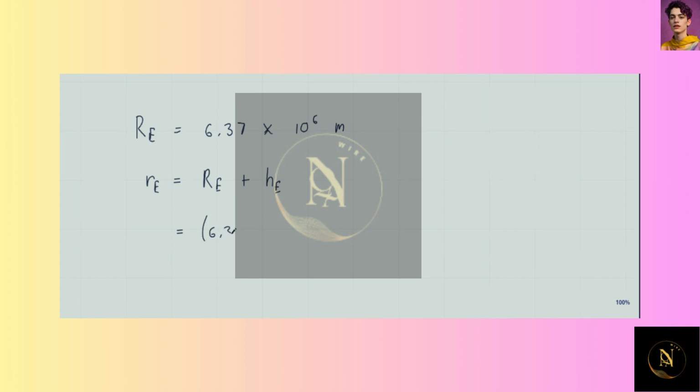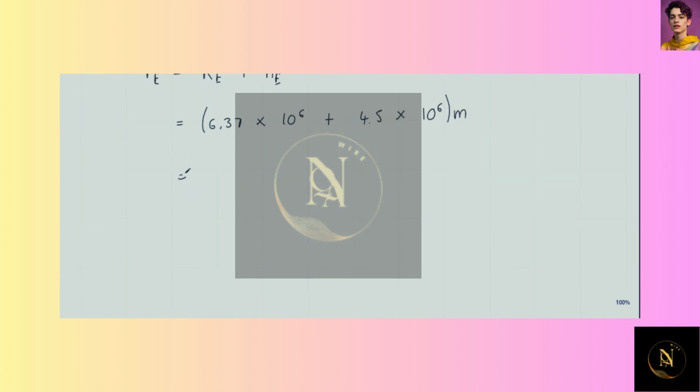So this is 6.37 times 10 to the 6, both in meters, plus 4.5 times 10 to the 6. Hence we get little r to be 10.87 times 10 to the 6. So essentially, the satellite is 10.87 times 10 to the 6 meters from the mass center of the Earth.